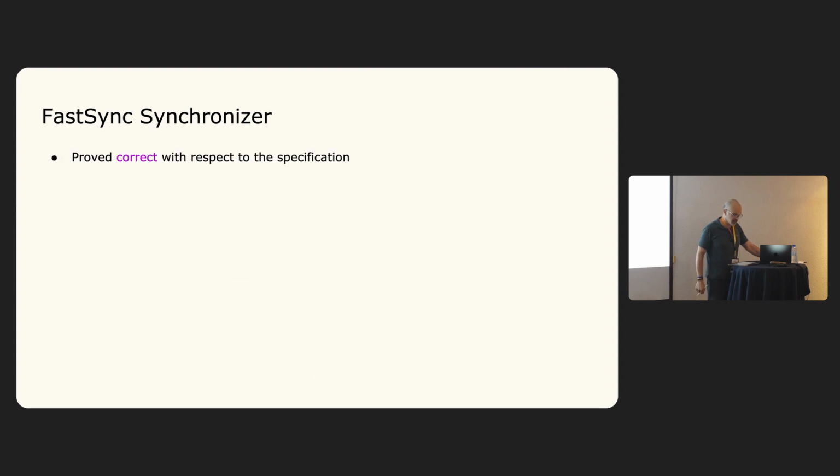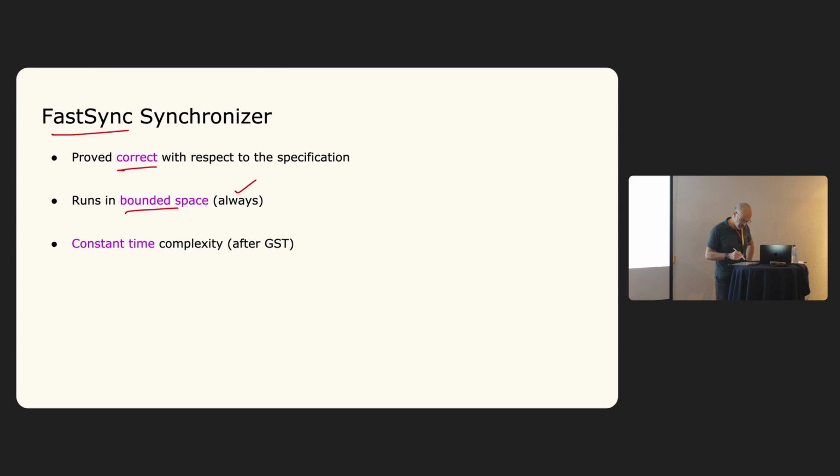So let me summarize the fast sync synchronizer. It is correct with respect to the specification that I showed. It runs in bounded space always, including before GST. It has constant time complexity after GST. And it tolerates message loss before GST.